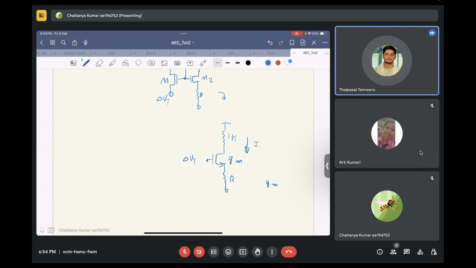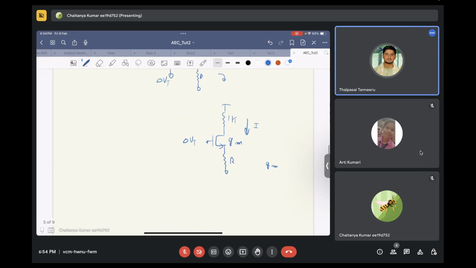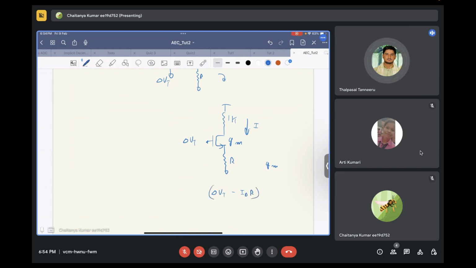Sir, it should be delta VT minus ID into R, 1 by delta VT minus ID into R. This is a small signal analysis, right?